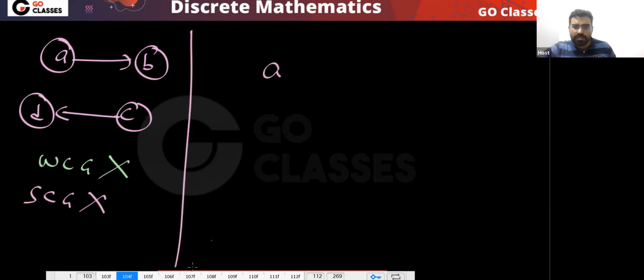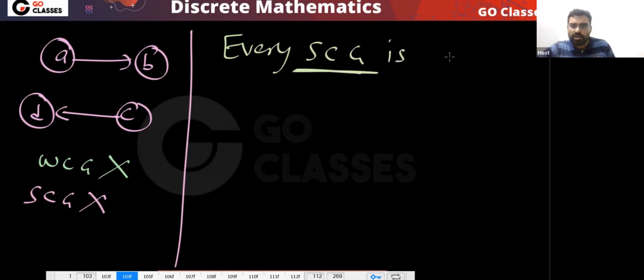Of all the categories, which category is not possible? Every strongly connected graph is a weakly connected graph also. Yes or no? So these categories are possible.